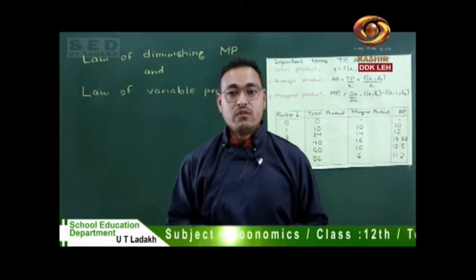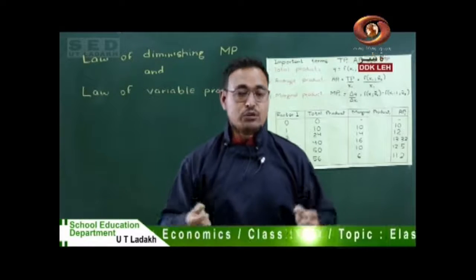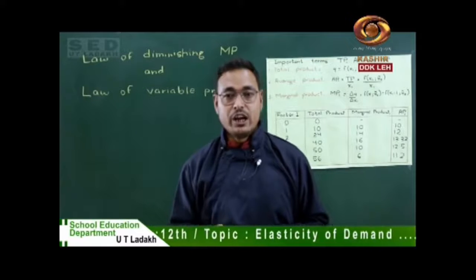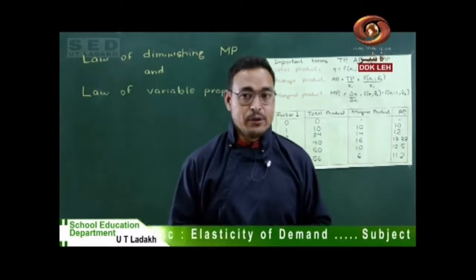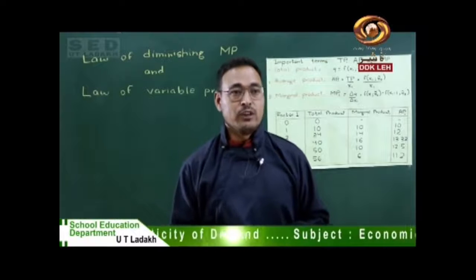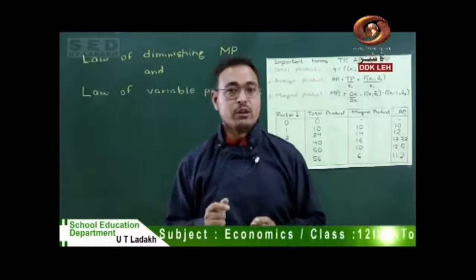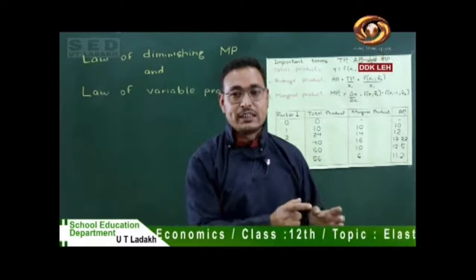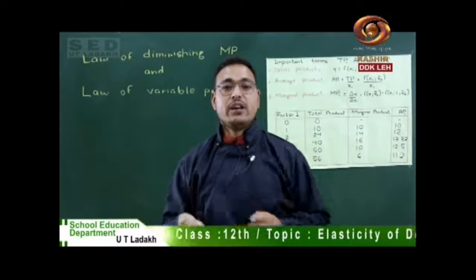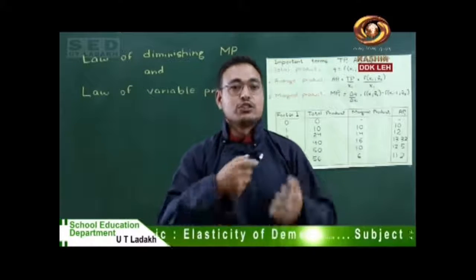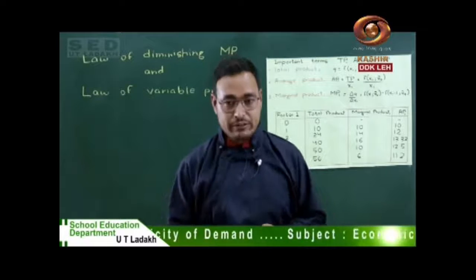So initially when you have one labor, he can easily, using a machine, produce something. Now when you have a second unit, an additional unit of labor, there will be better coordination. A particular factor will be given the first task, and the second will be given the second task. Now when you have the third unit, again this coordination or specialization will increase.